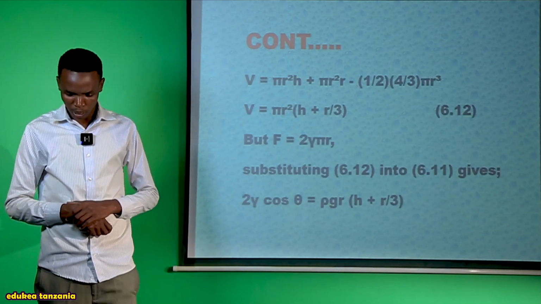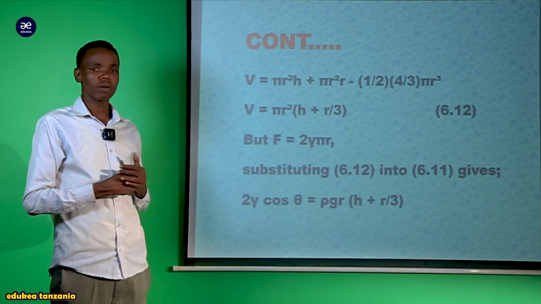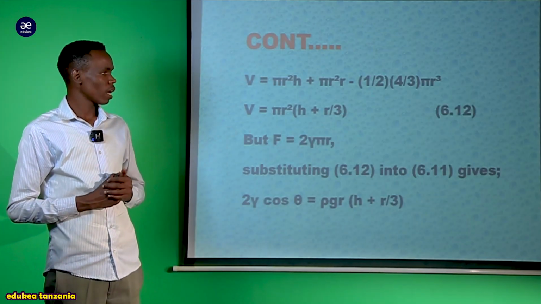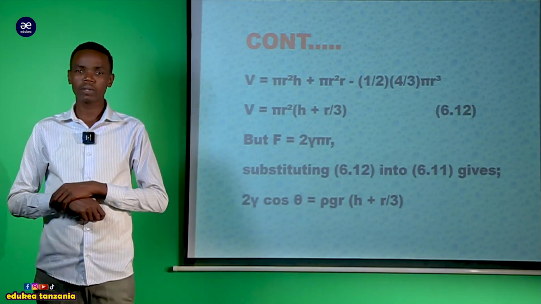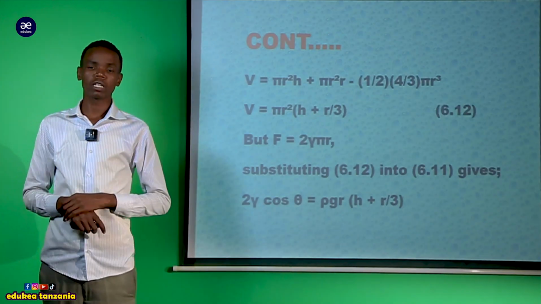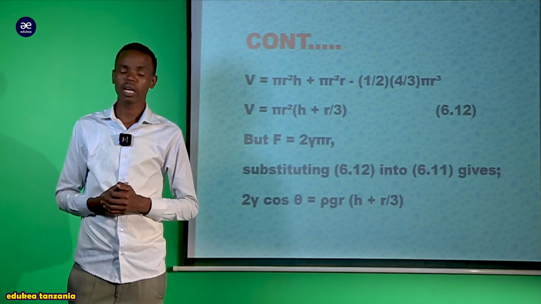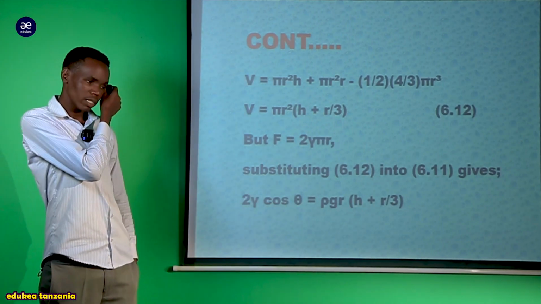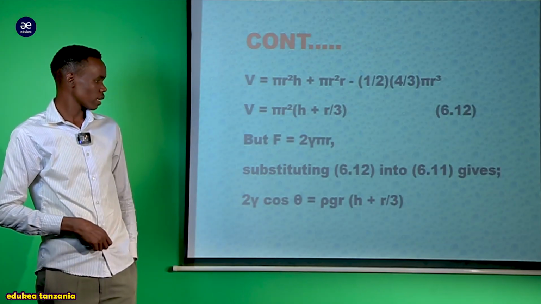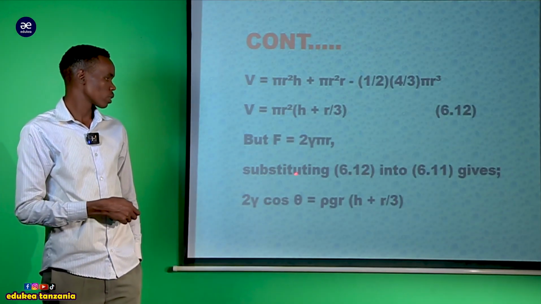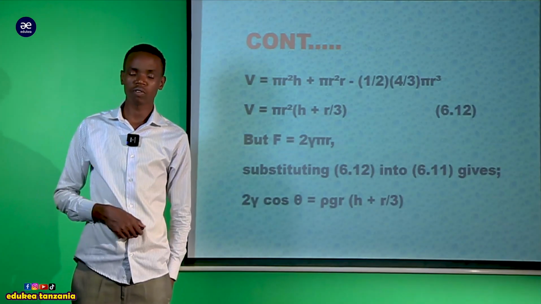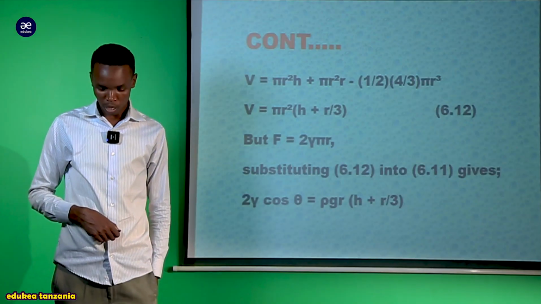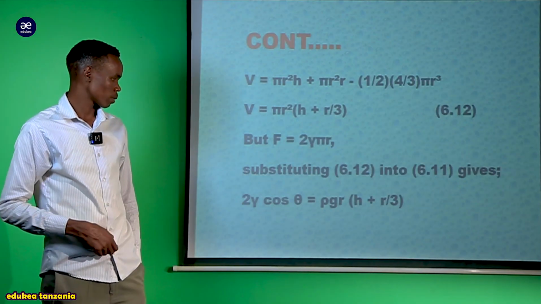So after this, we are supposed to record the force. How can we get the force? We know that the force, my dear student, can be obtained by taking 2 times the surface tension, then we multiply by pi r, as we have seen here. So after this, we are supposed to take equation number 12 for our topic number 6 and substitute it into our equation number 11 for our topic number 6.